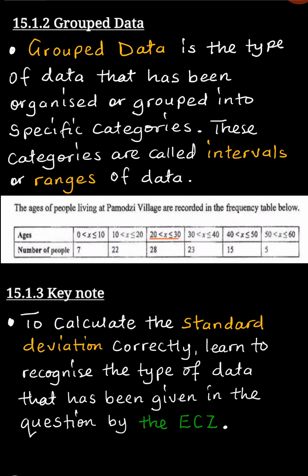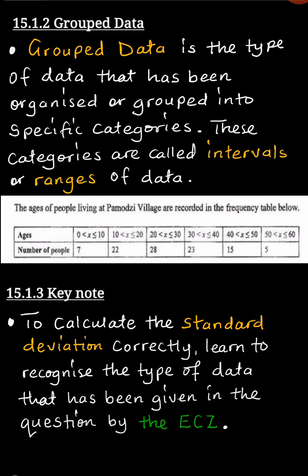The ages of people between 20 and 30 were 28. And then the ages of people between 30 and 40 were 23. And then the ages of the people between 40 and 50 were 15. And then the ages of people between 50 and 60 years of age were 5.